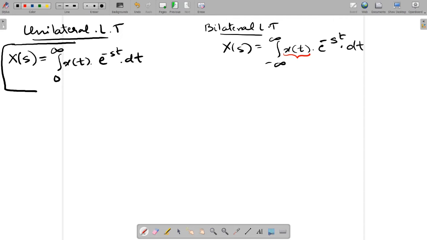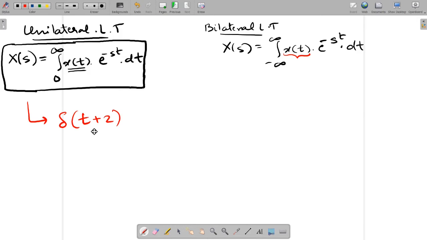Unilateral Laplace transform only takes the Laplace transform of signals that are on the right-hand side of the domain, that is causal. Mainly in maths we deal only with unilateral Laplace transform. For example, find the Laplace transform of delta t plus 2. If you are doing bilateral, our answer is going to be e raised to minus s t naught into 1, that is e raised to 2s.